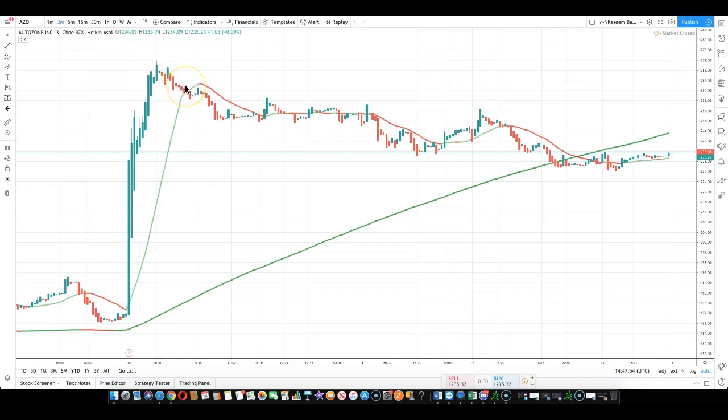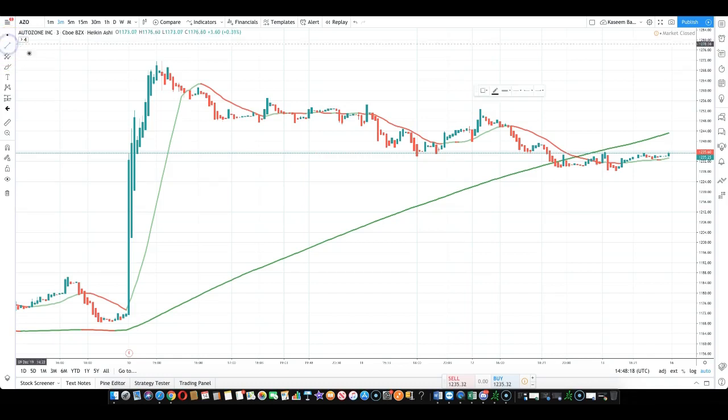You trade with trend. But before understanding the concept of trading with trend, you need to understand support and resistance, right? Support and resistance is the idea of when the stock price is at the absolute highest and when the stock price is at the absolute lowest. And what do I mean by that?